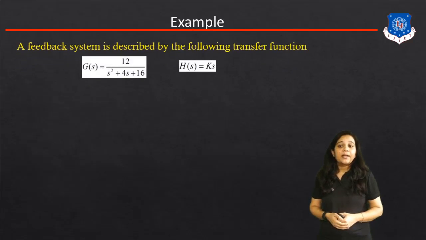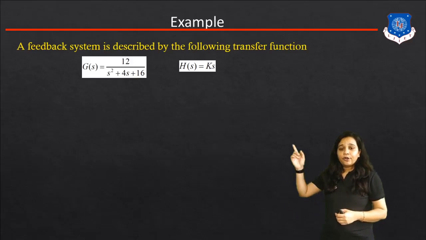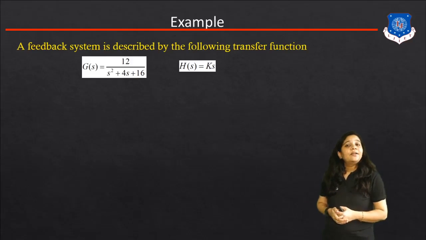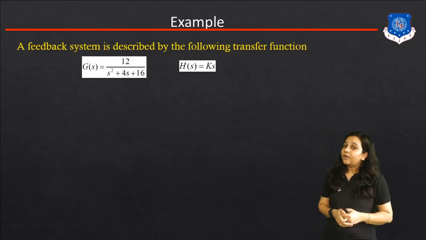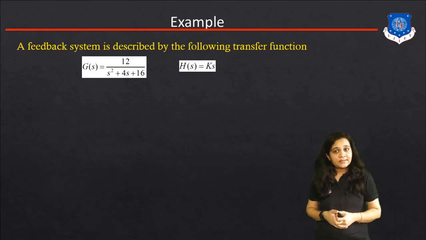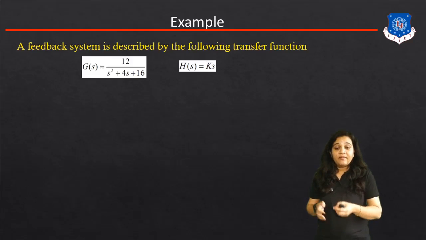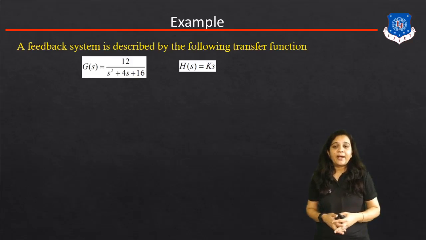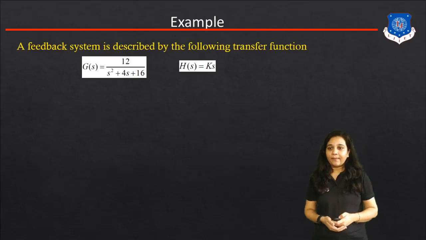Okay, so example number 1. In this example, a feedback system is described by the following transfer function. Here the transfer function is given: G of s is equal to 12 upon s square plus 4s plus 16, and H of s is equal to k s, where G of s is our forward path and H of s is our feedback path.